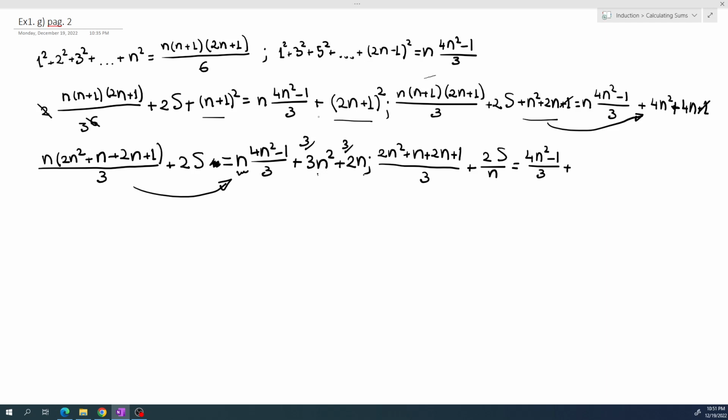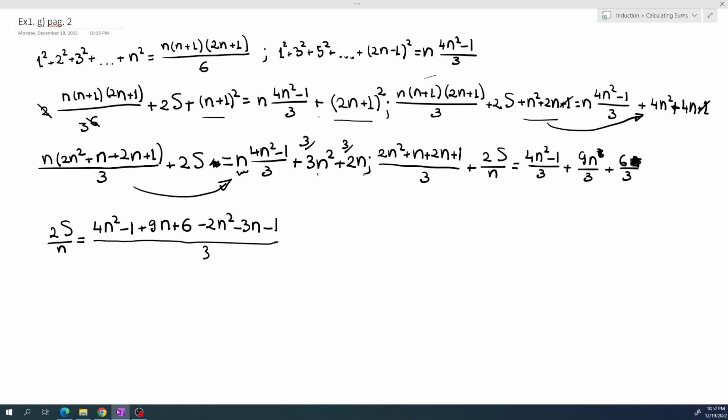It's plus 9n squared over 3 plus 6n over 3, and then 2s over n is equal to 4n squared minus 1 plus, actually if I extract n, I will have here this and this, like this. 4n squared minus 1 plus 9n plus 6 minus 2n squared minus 3n minus 1 over 3.